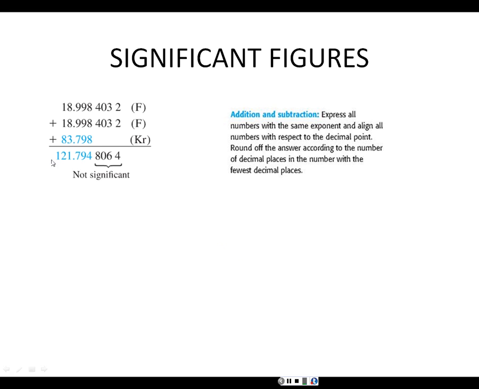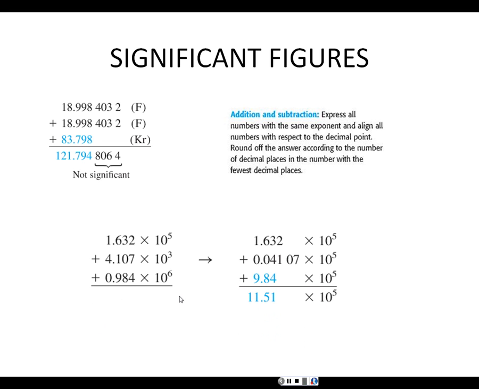If you're looking at numbers that don't have figures to the left of the decimal place, but only ones to the right of the decimal place, you may have to convert to scientific notation in order to accurately express the correct number of significant figures. In that case, if you're using scientific notation, you need to be sure that all of your exponents are the same. Because in this case, if you're looking at this first example that's to the left, it would look like all 3 of these have 3 figures to the right of the decimal place.